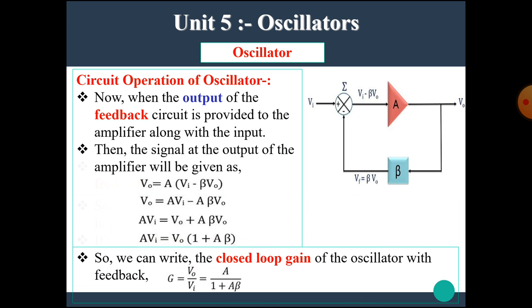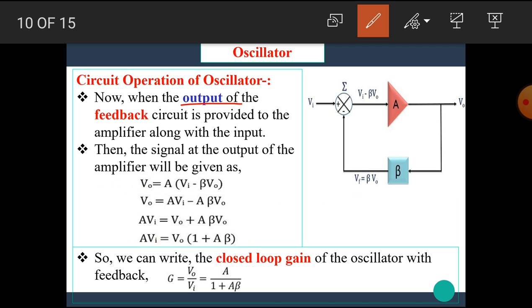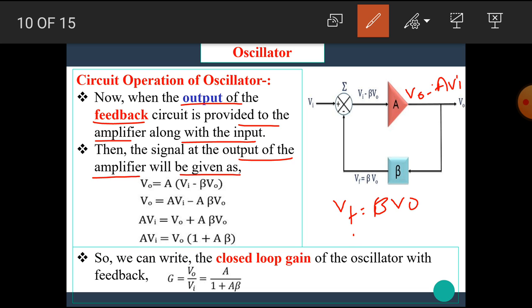Now, when the output of the feedback circuit is provided to the amplifier along with this input, the signal at the output of the amplifier will be given as follows. Vf is equal to beta V0, but the value of V0 is A Vi, hence Vf is equal to A beta Vi.